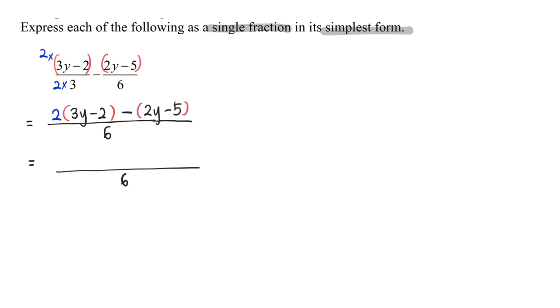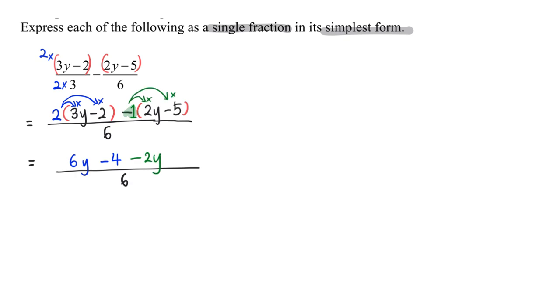Do take note, this will be 2 times 3y, 6y. Positive 2 times negative 2 is negative 4. This is negative 1 because there's one bracket. So negative 1 times 2y, negative 2y.